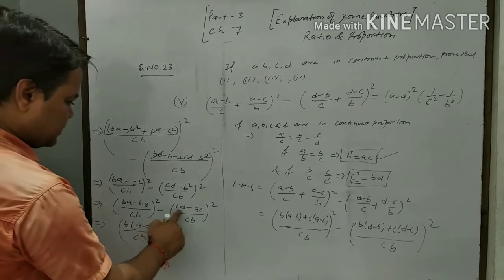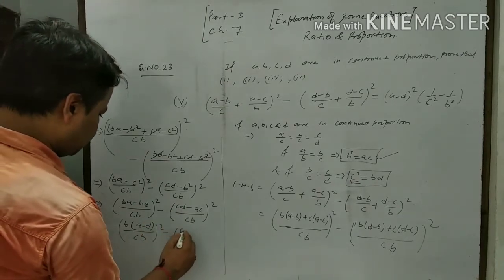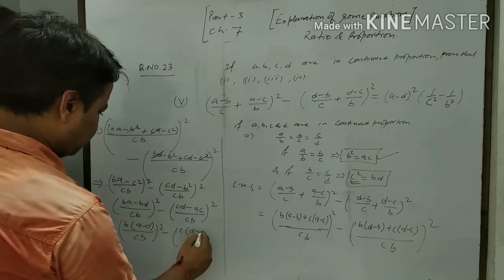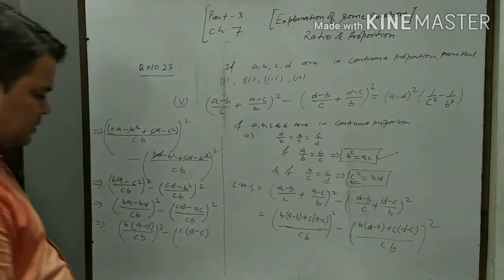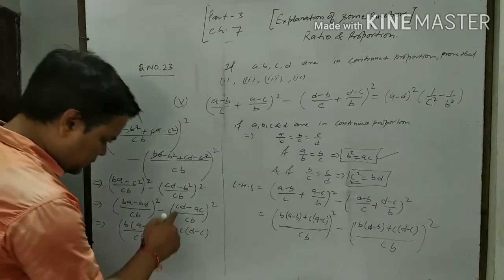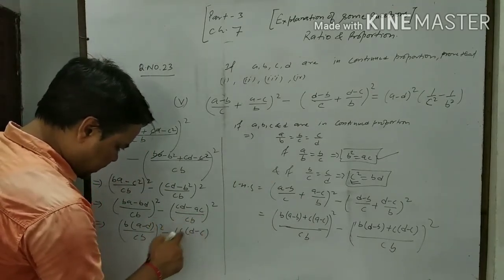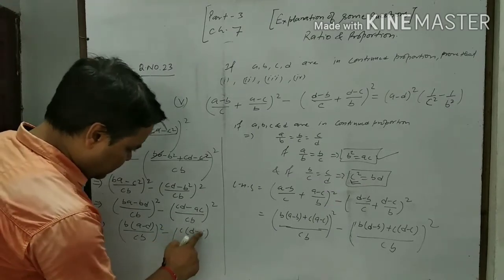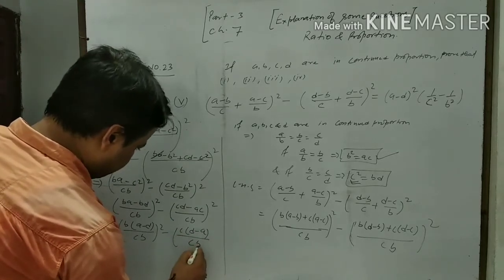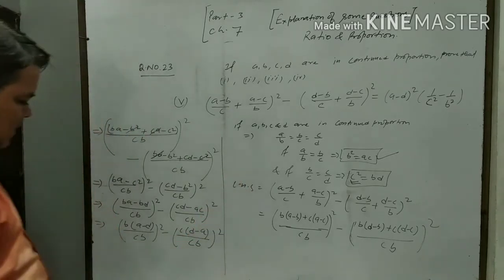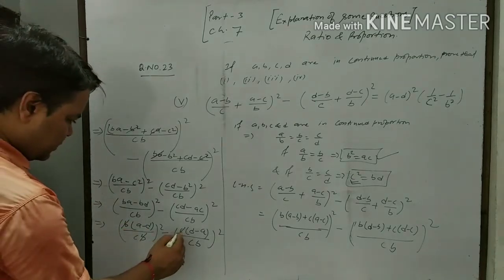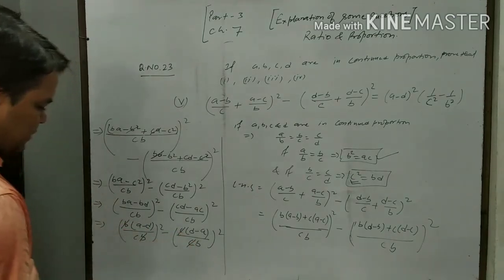What is common here? C, C. We can take C common, and it will be D minus C. That will be CD and AC. We are taking C common. D minus A upon CB whole square. Now B and B will be cancelled, and C and C will be cancelled.